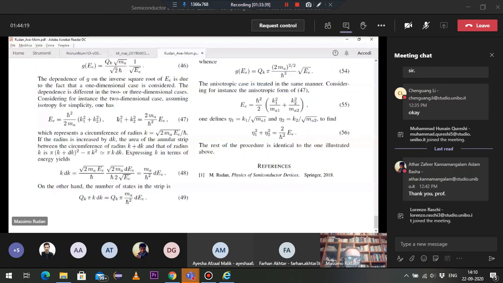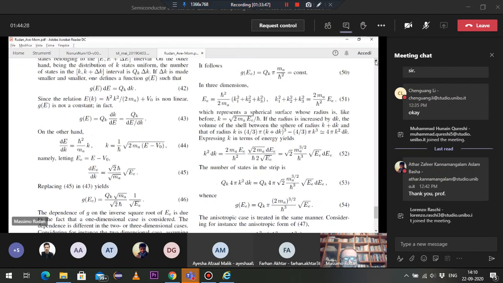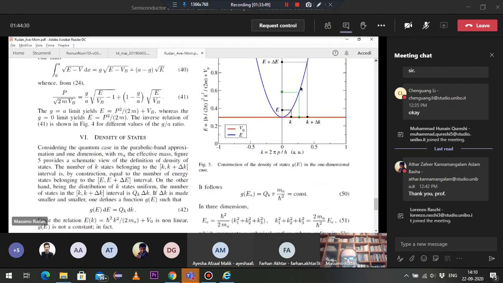The geometrical construction also changes because you remember in one dimension, if you look at the figure, we take k and then we increase k by a little, and correspondingly, we start from some energy E and we increase it by a little.